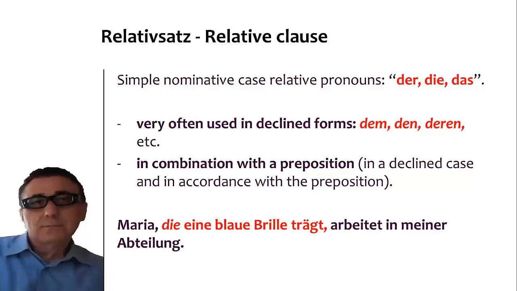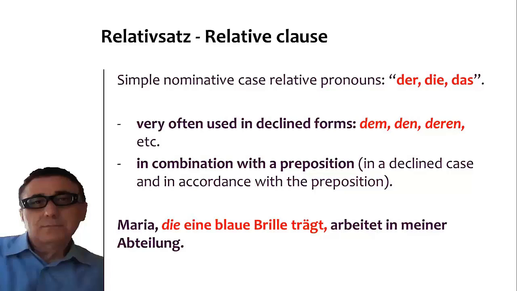Because I want to give extra explanation, extra detail about Maria, I add a relative clause right after Maria. Because Maria is a female word, its article is die. Because of this, I start my relative clause with die.